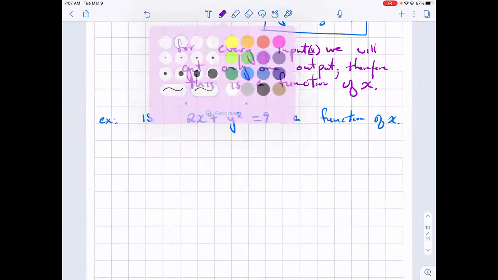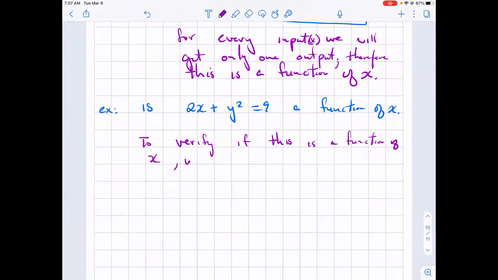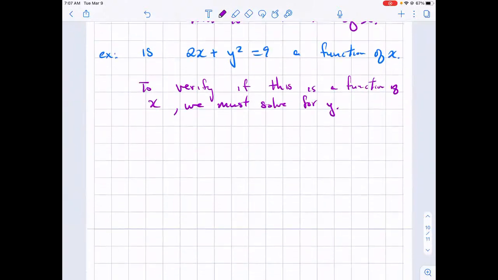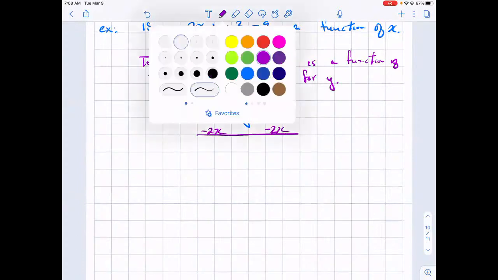So to verify if this is a function of x, we must solve for y. Okay. So we have 2x plus y squared equals 9. I'm going to minus 2x on both sides.